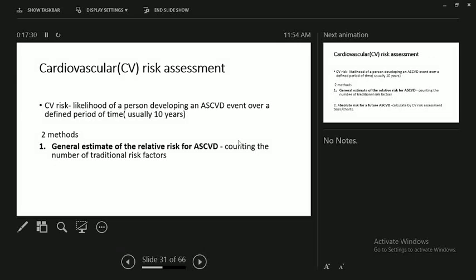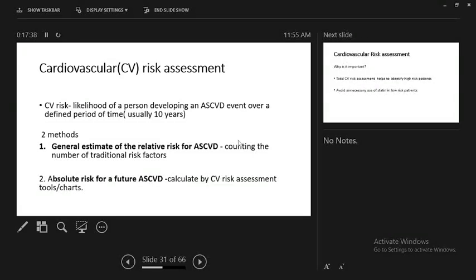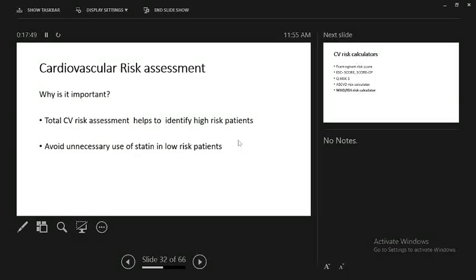There are 2 methods of checking this. The first method is the general estimation of the relative number of cardiovascular risk factors. You can count the number of major cardiovascular risk factors that the patient has. The other is the absolute risk, doing the cardiovascular risk assessment by using risk assessment tools or charts.